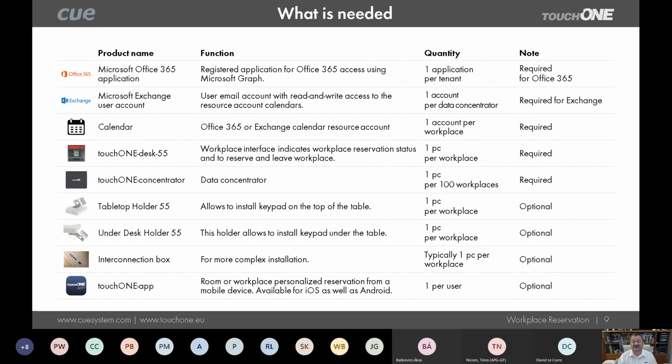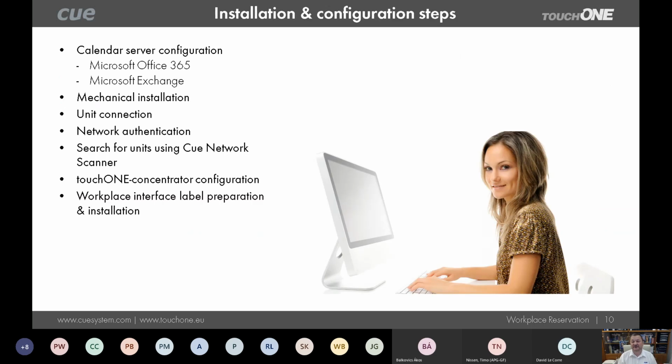Now, let's start from the beginning of this list. First, you have to prepare your infrastructure. You have to do configuration on your calendar server. You may use Office 365 or Microsoft Exchange.